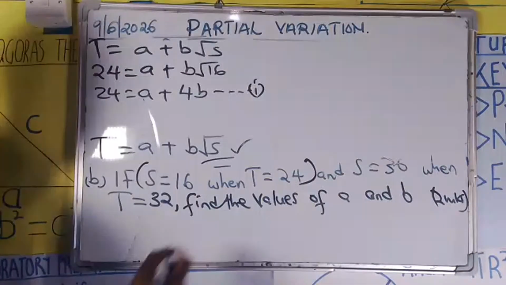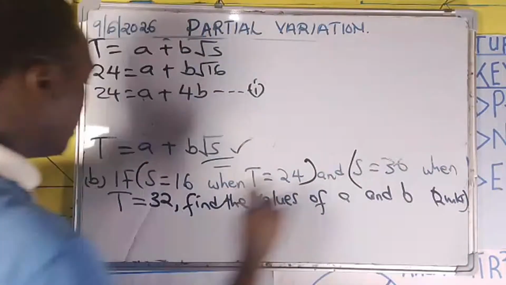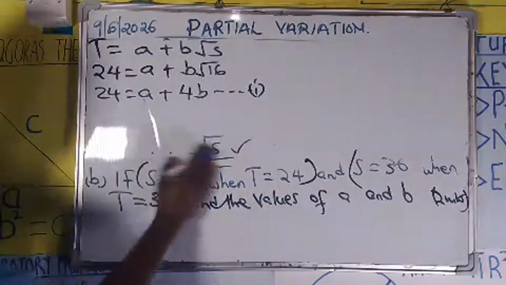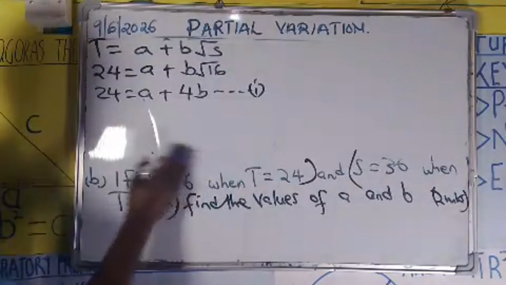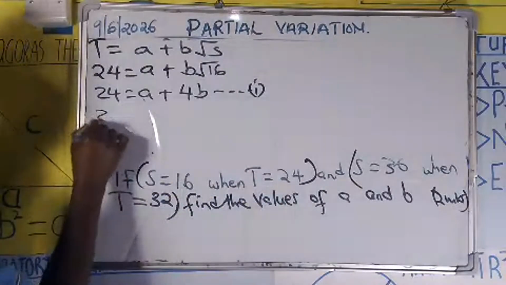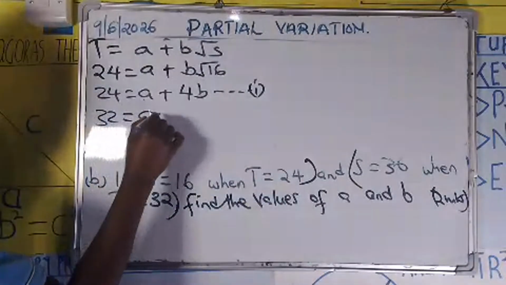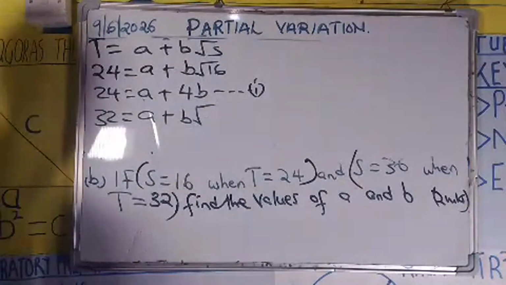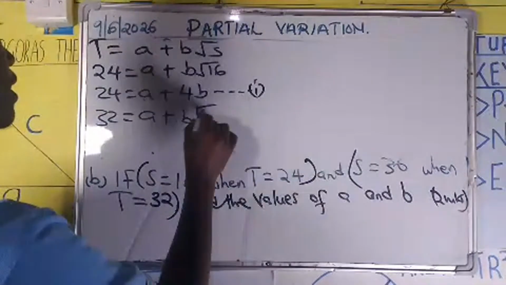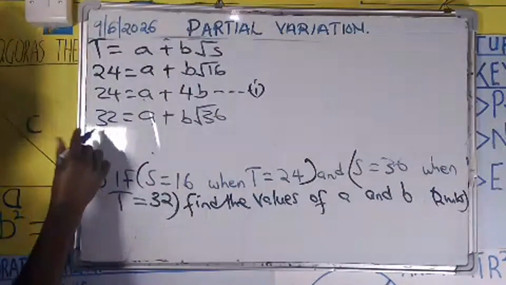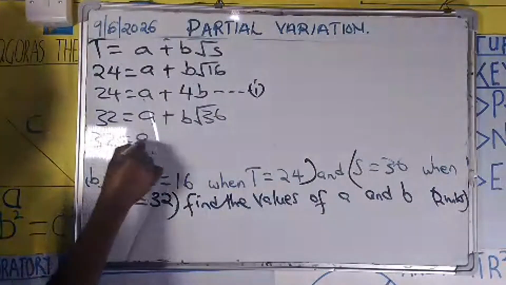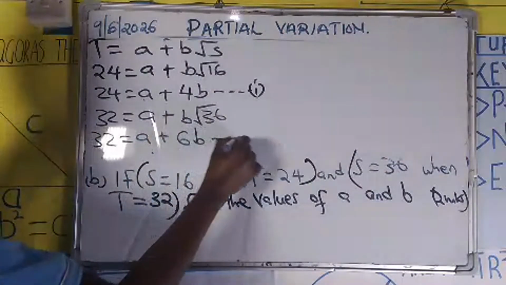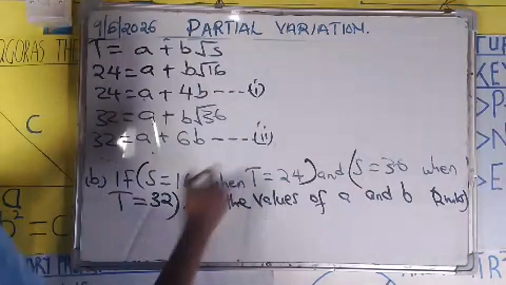Then we proceed with the second one. S is 36 when T is 32. So the second one is going to be 32 equals A plus B multiplied by square root of 36. So 32 equals A plus 6B. And that is going to be equation 2.